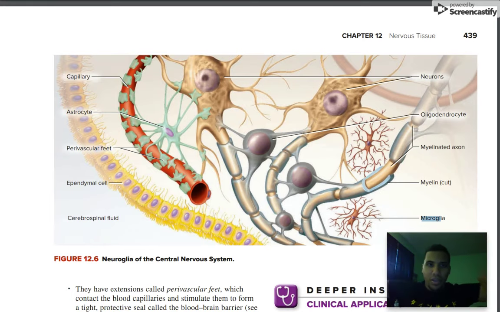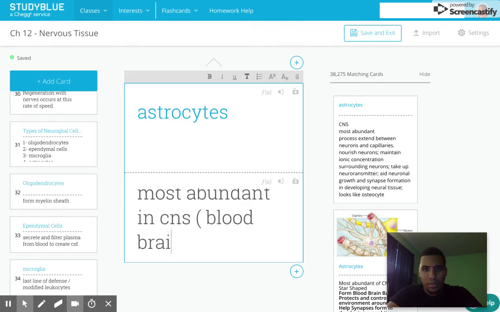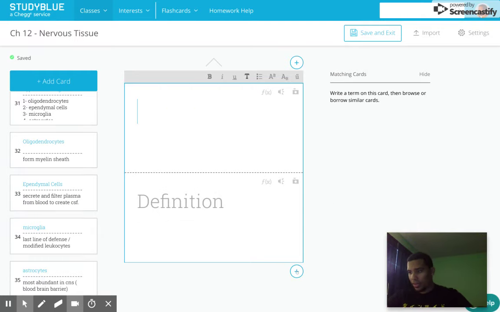At that point, you become the astrocyte. I know it sounds weird, but I think that's a good way to see it. It's kind of in the way, holding on to a capillary and holding on to a neuron. It's very physical. Okay, so that's that. I'm going to put here blood-brain barrier.